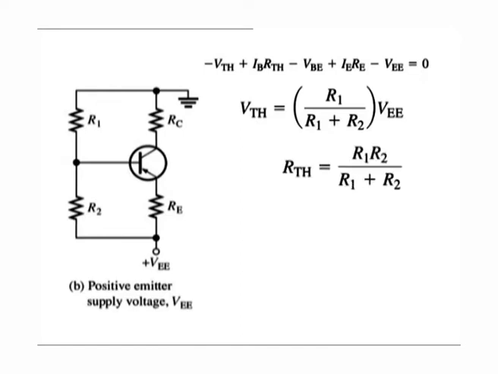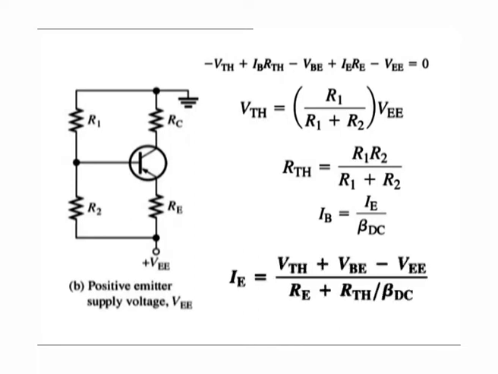Rth is equal to R1 into R2 over R1 plus R2. Therefore, Ib is equal to Ie over beta DC. The equation for Ie thus becomes as shown here, where Ie is equal to Vth plus Vbe minus Vee over Re plus Rth over beta DC.